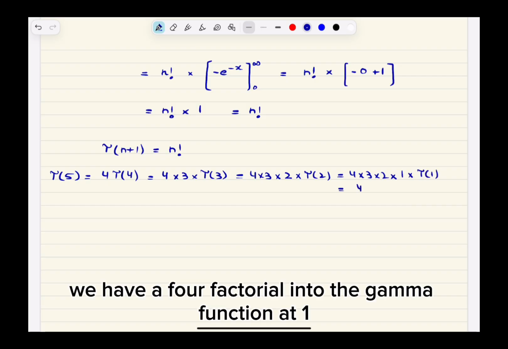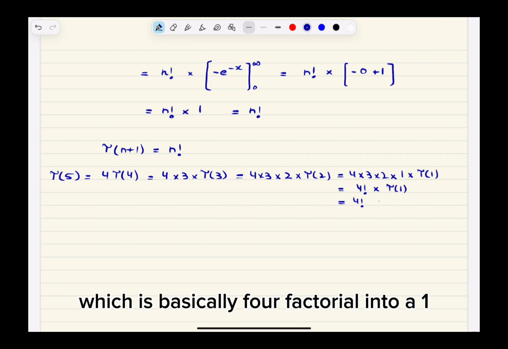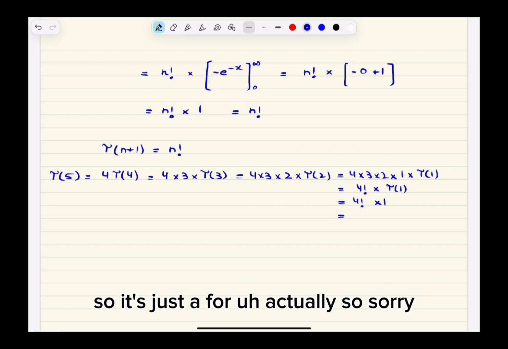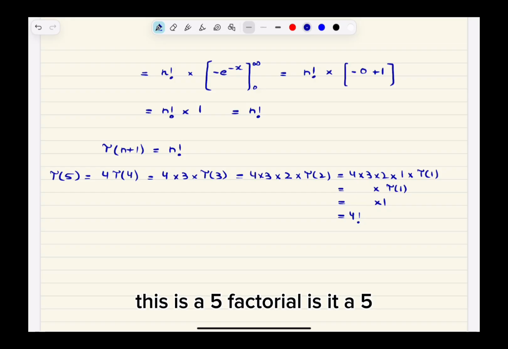So we have 4 factorial times the gamma function at 1, which is basically 4 factorial times 1. Sorry, I said 5 factorial. No, it's 4 factorial.